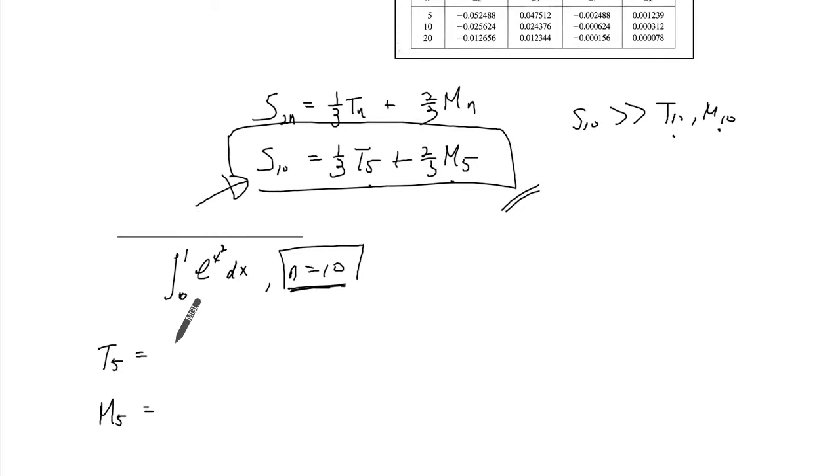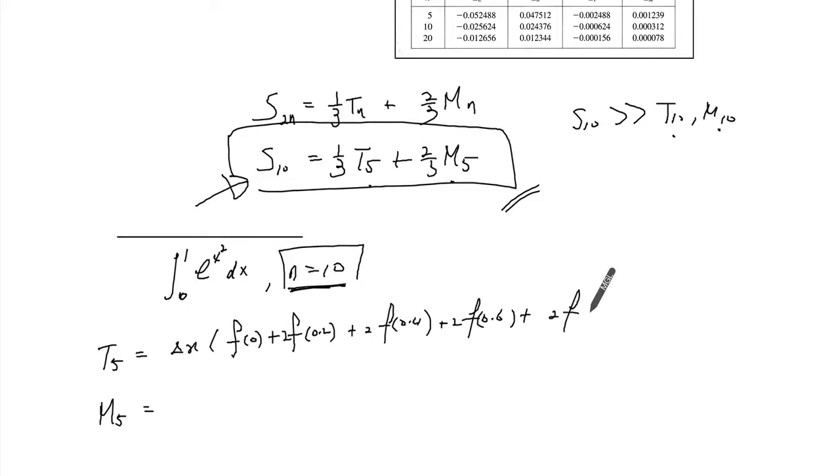So it's going to be delta x. For this one, it's going to be f at 0. The delta x is 0.2, right? If you cut up into 5, so it's f at 0.2, but you get 2 of this. 2 f at 0.4, 2 f at 0.6, 2 f at 0.8, and then just f at 1.